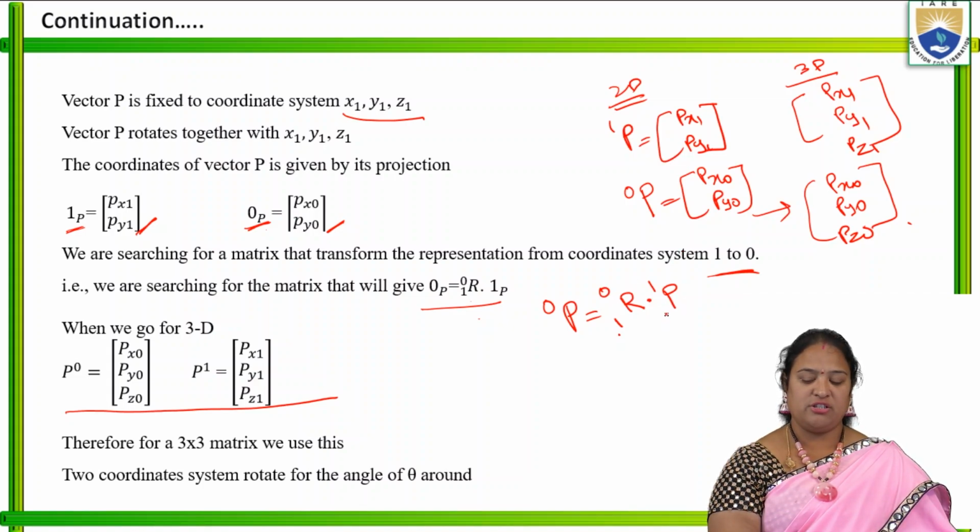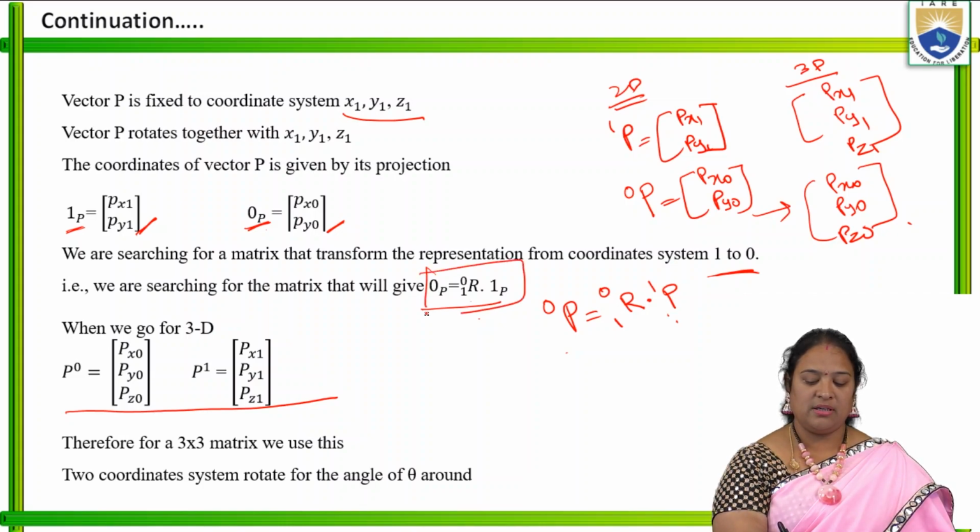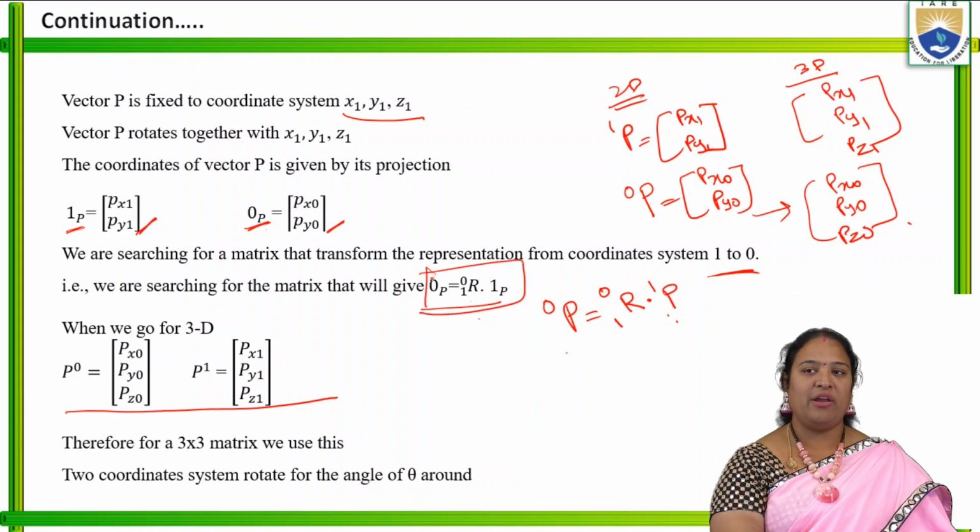So this is how we write the transformation matrix for representing any particular coordinate system. In order to transfer the representation from frame 1 to 0, we write the equation in this form: the projection on frame 0 is equal to the transformation of the coordinates from frame 1 to frame 0 into the projection on frame 1.